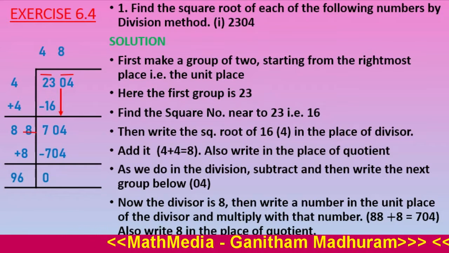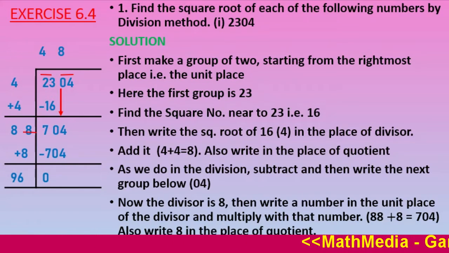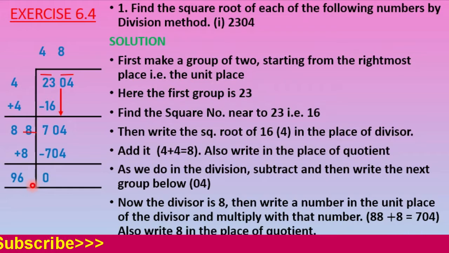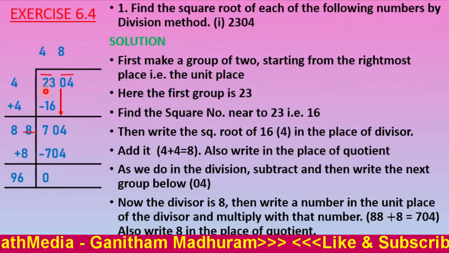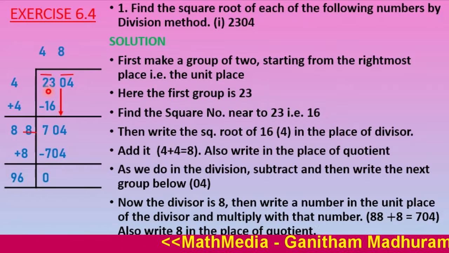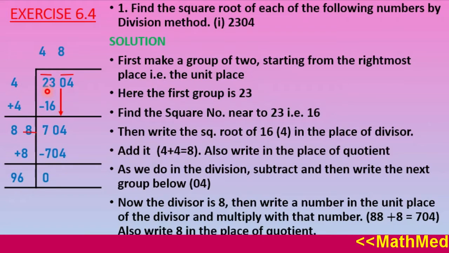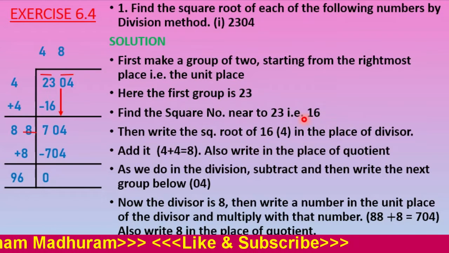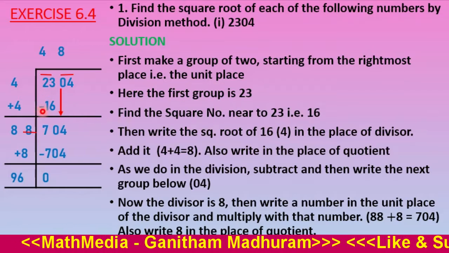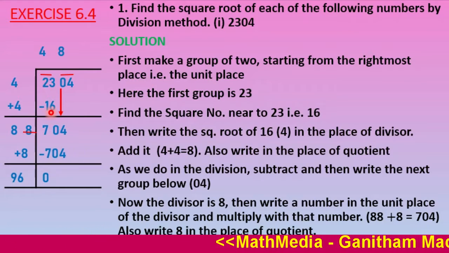See here, we made groups of 2. Clear? Now we are taking the first group. Our first group is 23, which is not a perfect square. So the square number less than 23 we are taking, that is 16, that we will write just below 23. As in usual division, we are doing the same.